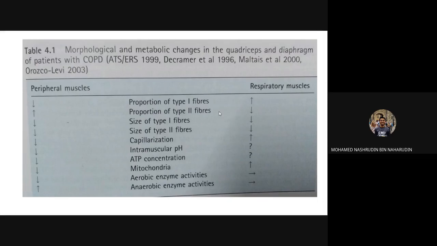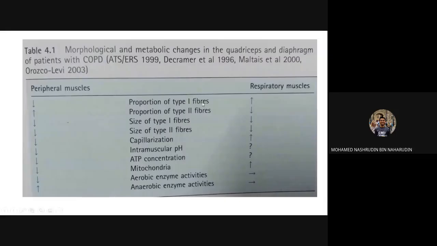If you do a biopsy in the diaphragm, particularly the respiratory muscles, you will see an increase in type 1 muscle fiber compared to type 2.